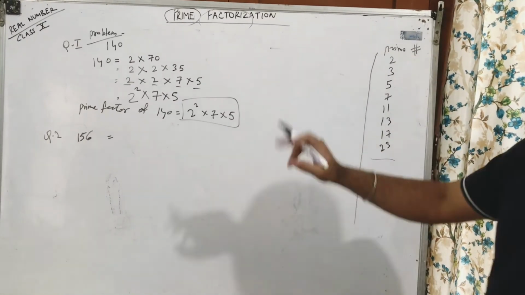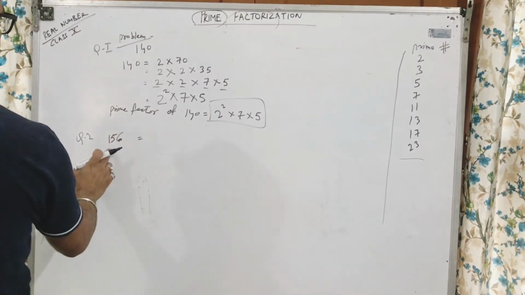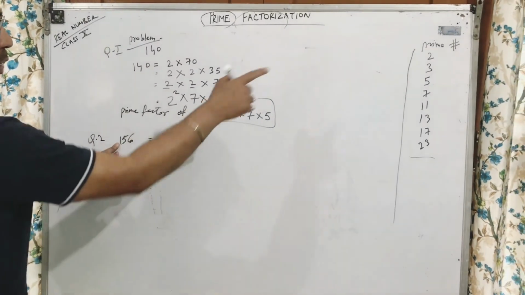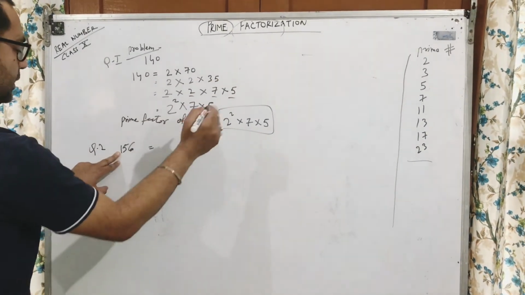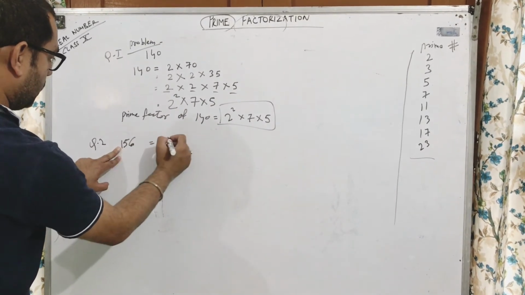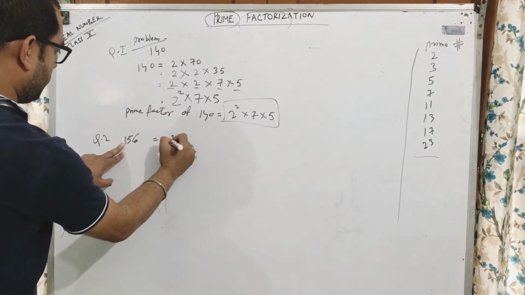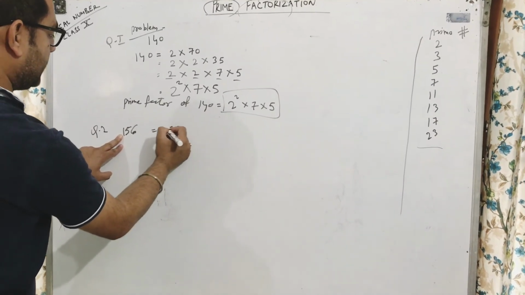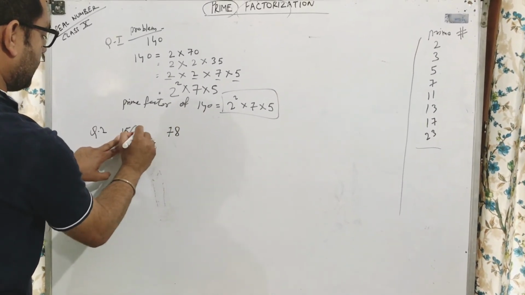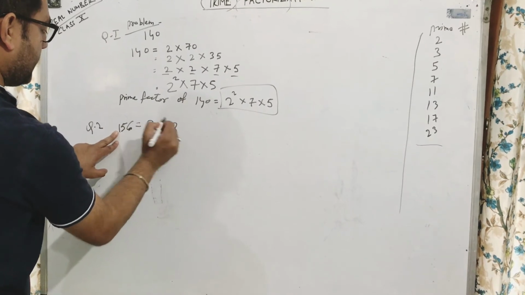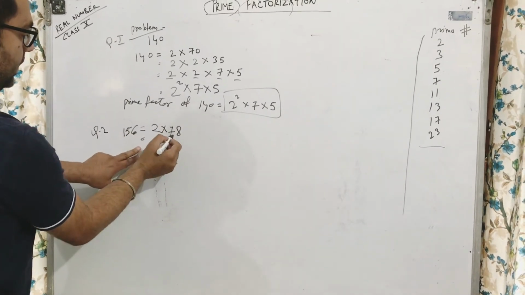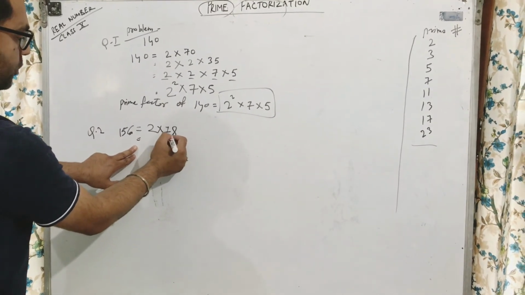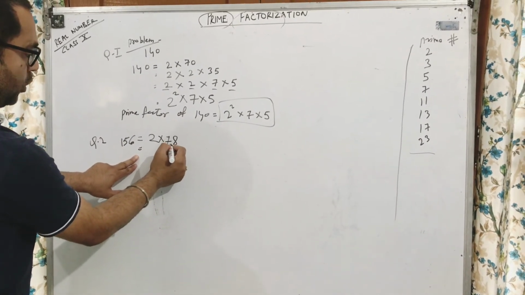Now here we will find the prime factorization of 156. The smallest prime number is 2, so you will start with 2. 2 7s are 14, 2 8s are 16. So you can write 156 equal to 2 into 78. Now again 2 is a prime number, but 78 is not a prime number, so we can find more factors of 78.